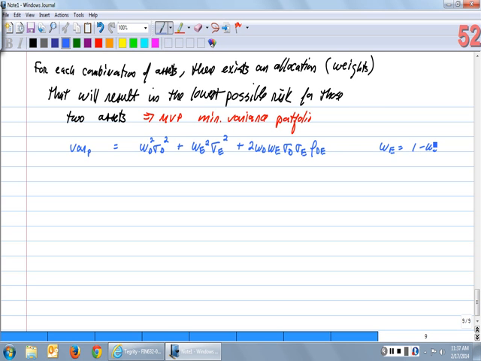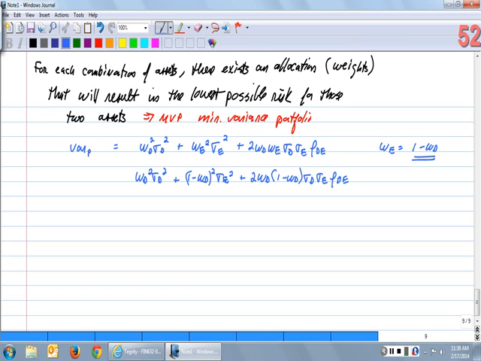So let me rewrite this: WD squared sigma D squared plus 1 minus WD squared sigma E squared plus 2 times WD times 1 minus WD, sigma D, sigma E, the correlation between asset D and E. So all I've done here is substitute in 1 minus WD for every place that you saw WE, which was the weight.